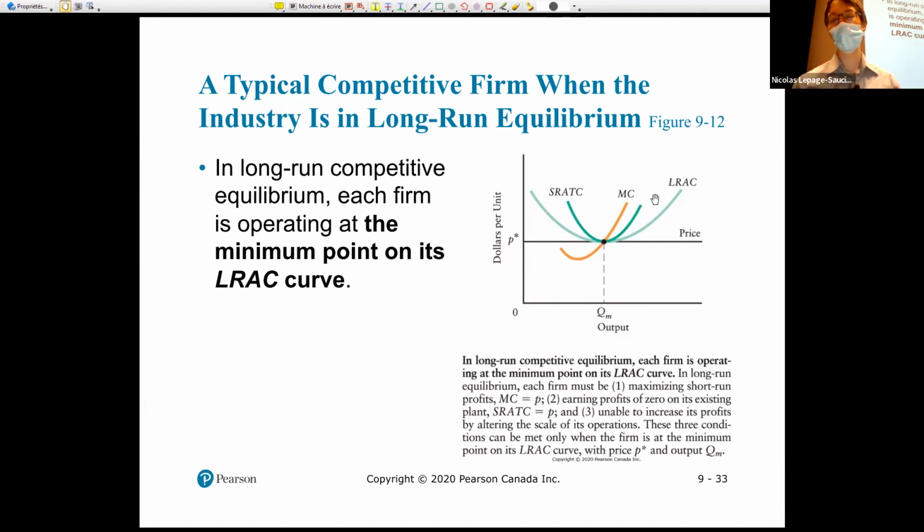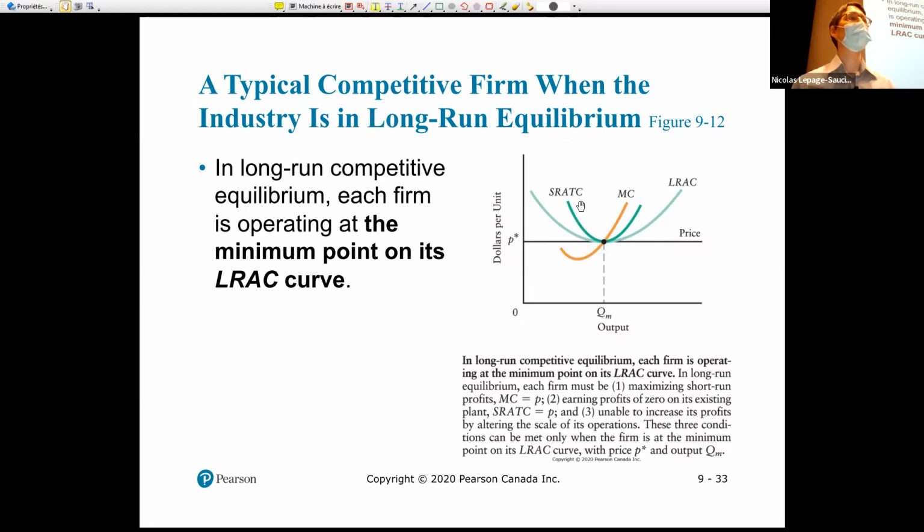Then eventually all markets would adjust to this situation, where the market price equals the minimum of the short-run average total cost, the minimum of the long-run average total cost, and the marginal cost, since, as we've said, the marginal cost always crosses at the minimum of average cost. So this is really the steady state situation.